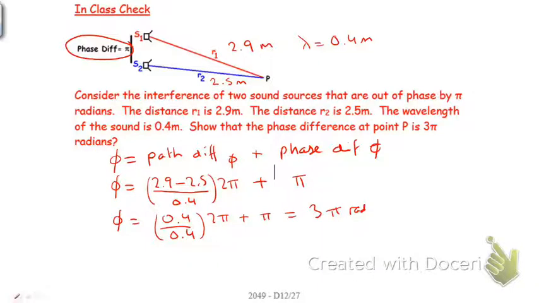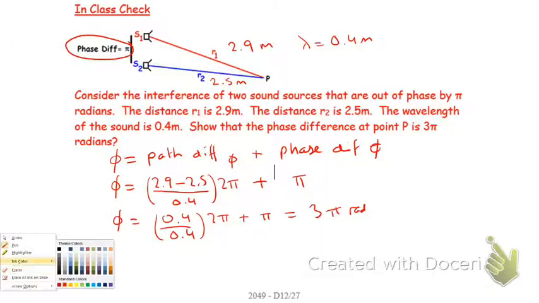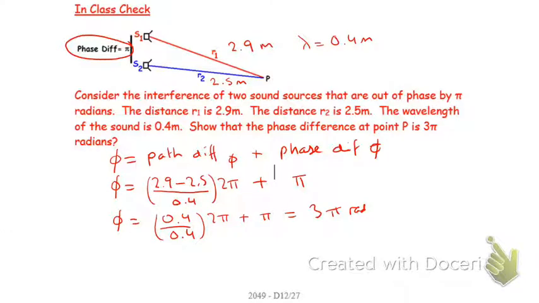If you want, you can do a lot of this talking in terms of wavelengths. So I can say my lambda in the end is equal to lambda path difference plus lambda phase.